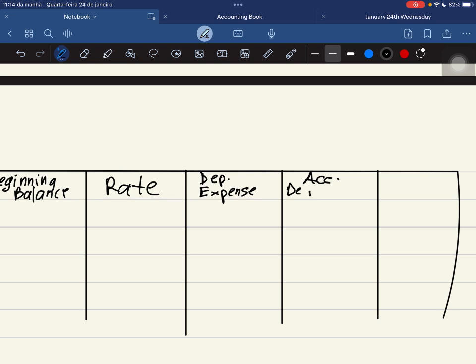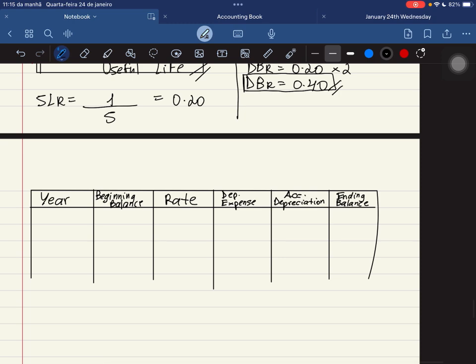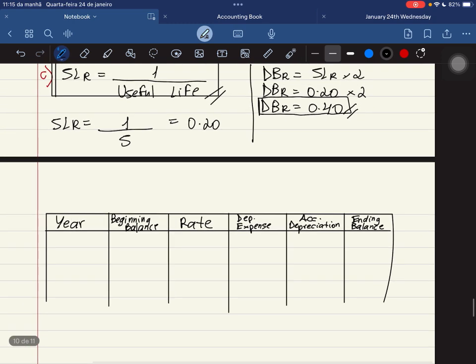Don't write it like me. You can write the full name, because apparently the tablet is very sensitive. And here you're gonna have the ending balance. Okay, this table is a little bit different from the straight line table that you would make, so just make sure that you pay attention to that.